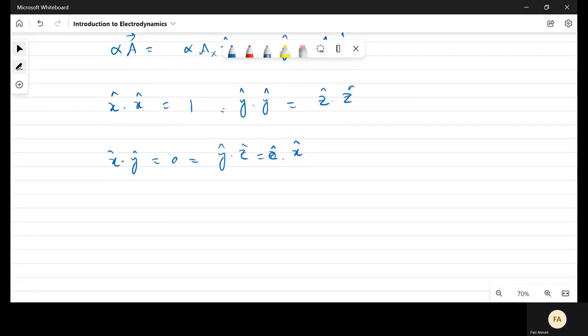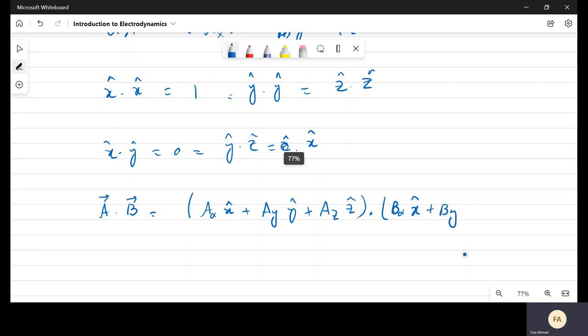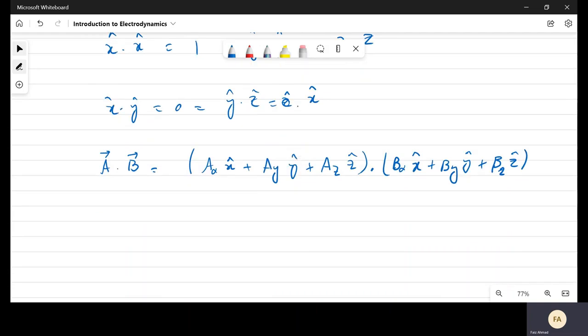So the dot product of two vectors, vector a and b, a dot b, is equal to ax x plus ay y plus az z dotted with bx x plus by y plus bz z. The self dot product will be 1 and the dot product of x with y or z will be 0.